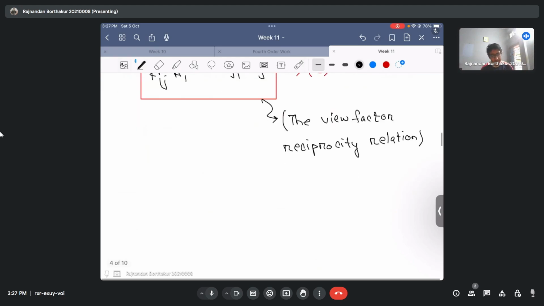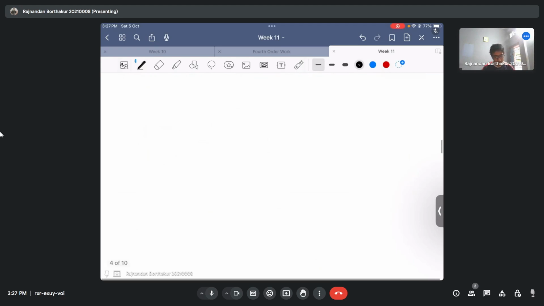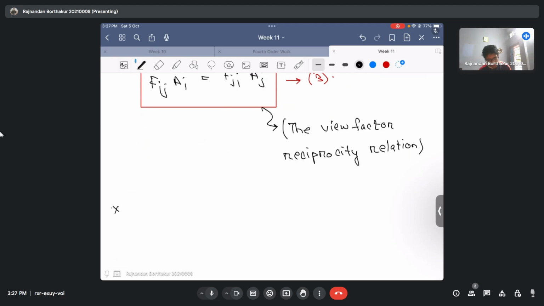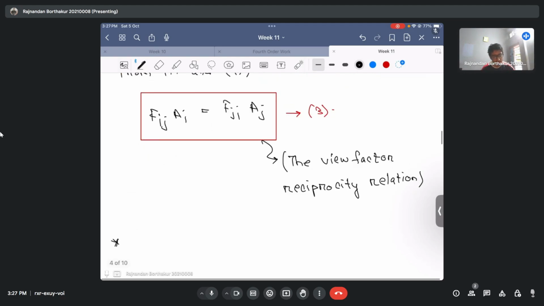Also, one more thing that you need to understand, and then we will formally solve some numericals associated with this view factor. We learned the view factor reciprocity relation, which comes from the formal integral definition of the view factor itself.